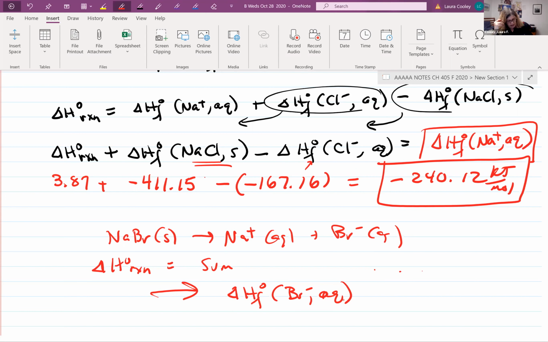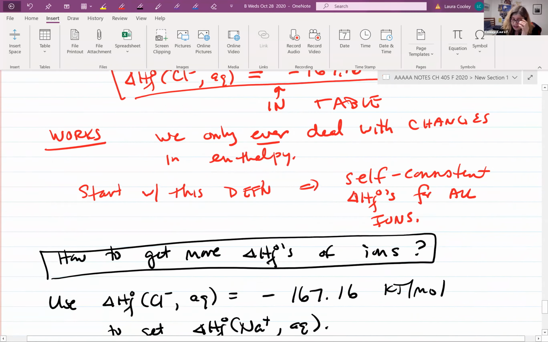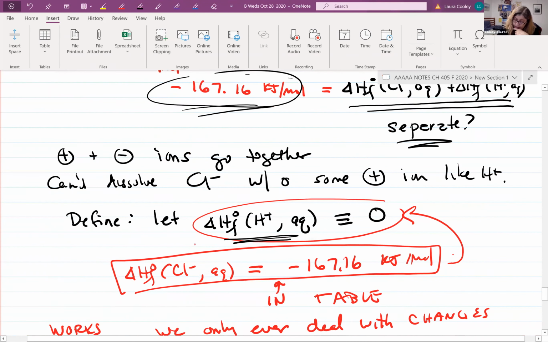Well, when I first learned this, it was hard to convince me, actually. I was very skeptical about this. So I decided to see what would happen if, instead of picking this definition, instead of saying this is the zero, I picked the delta HF0 of chloride being the zero. Is that consistent? Does it give me the same delta H's for reactions?